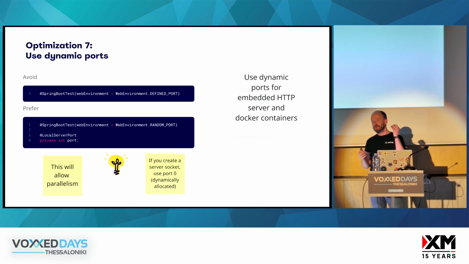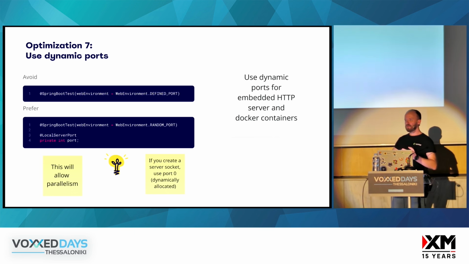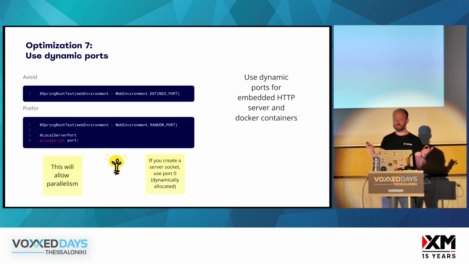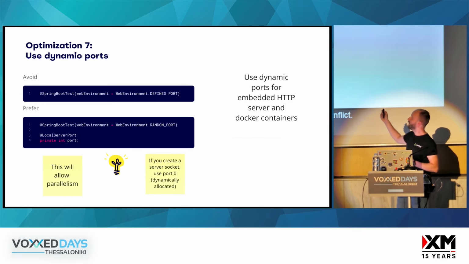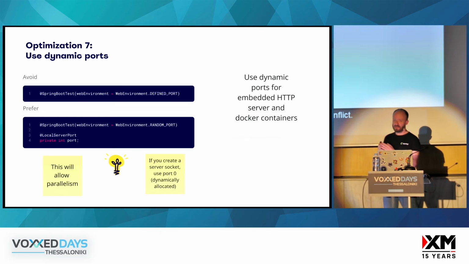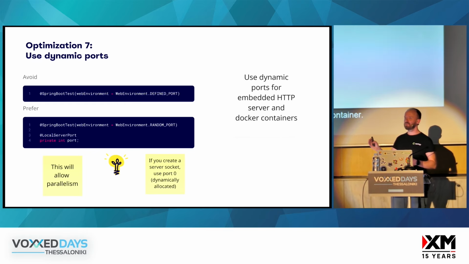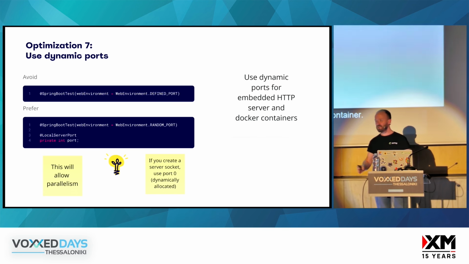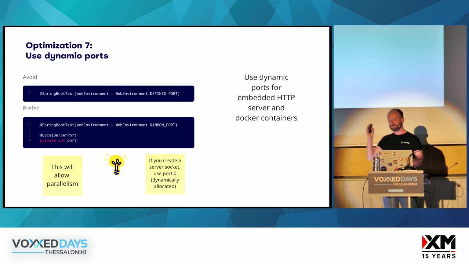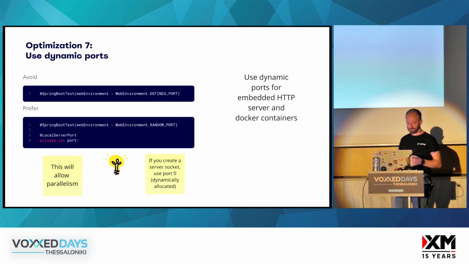This allows you to create more contexts in parallel, or build more modules in parallel, or build more projects in parallel if they rely on dynamic ports, because they will never conflict, and it will allow you to scale better. The same advice applies to Testcontainers-managed Docker containers. Do not rely on fixed ports. All best practices for Testcontainers recommend using dynamic ports instead.